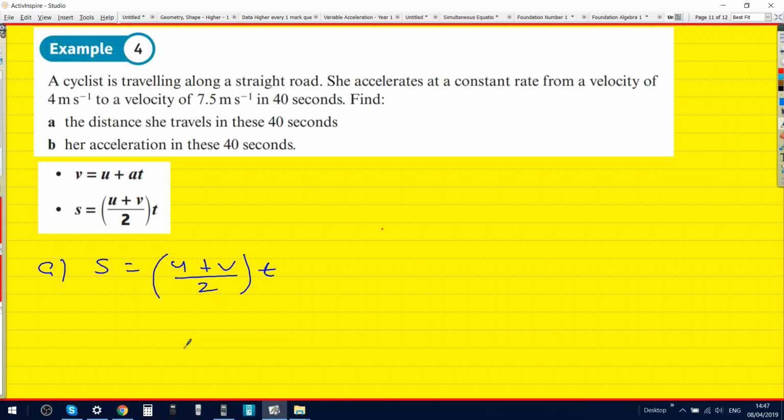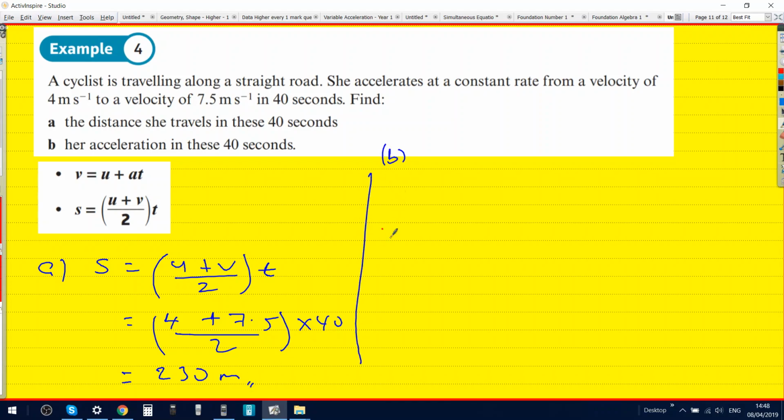So we have (4 plus 7.5) over 2, by 40. That gives us 230. 230. And that being meters, yeah.